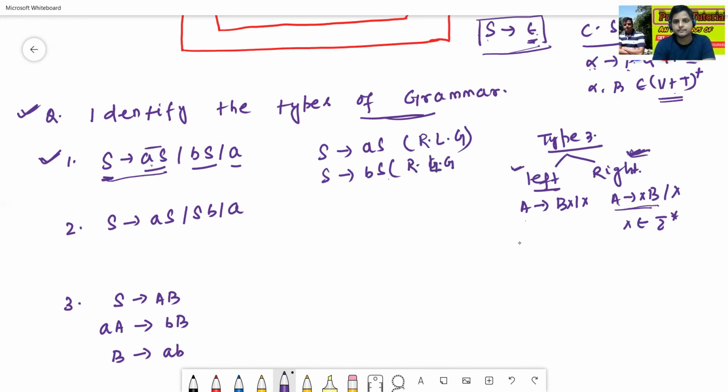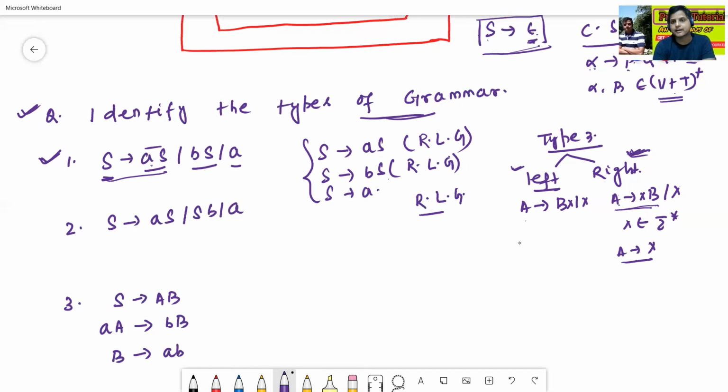Then AS to A generally belongs to the A to x form, so it is also right linear grammar.